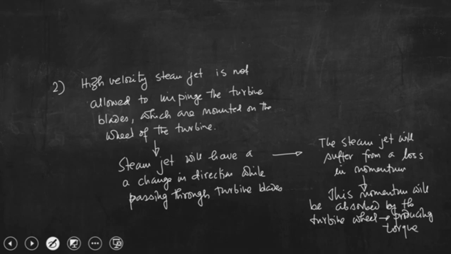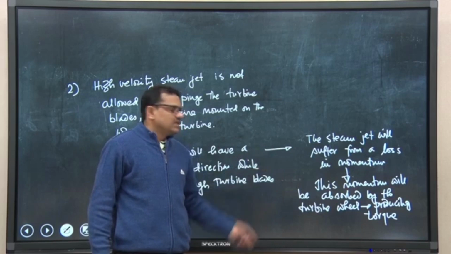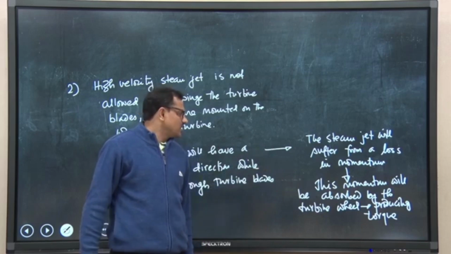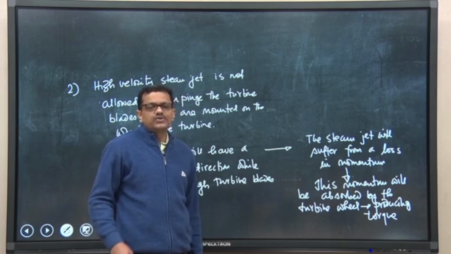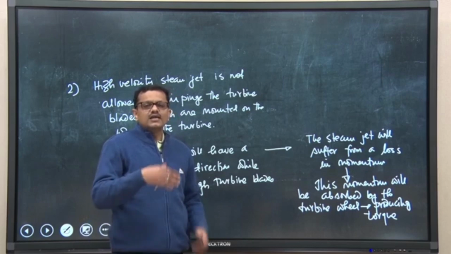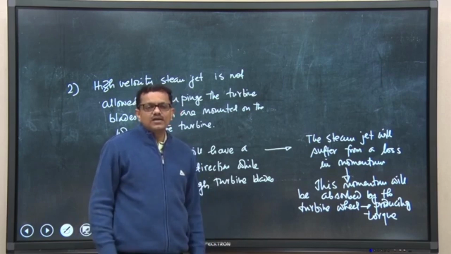So, which is producing torque? Torque will be produced by the steam jet because of some mechanical arrangement, that means steam is allowed to have deflection in its flow path, and while there is a deflection in the steam flow, steam jet will suffer a loss in momentum, and that momentum will be absorbed by the turbine wheel, which in turn will produce torque, and because of that the turbine wheel will be rotated.